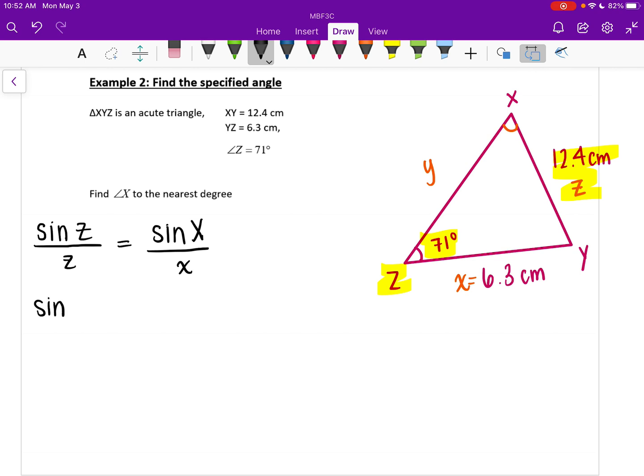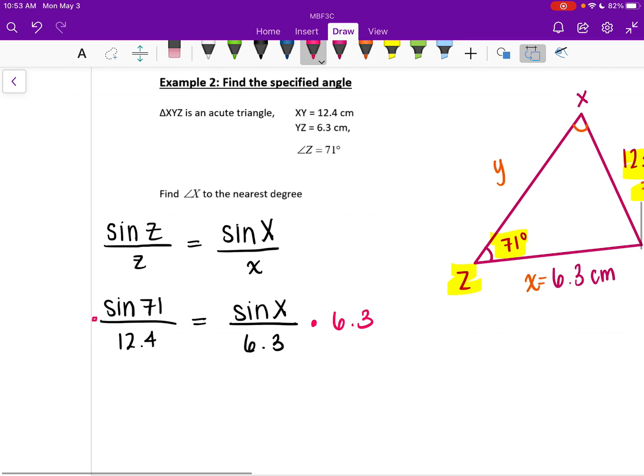So let's just put in our values. I know Z, the angle, is 71. Side Z is 12.4. I know sine X is, I'm not sure yet. And I know side X is 6.3. Right, so I'm going to multiply both sides by 6.3 to just get rid of that 6.3 at the bottom.